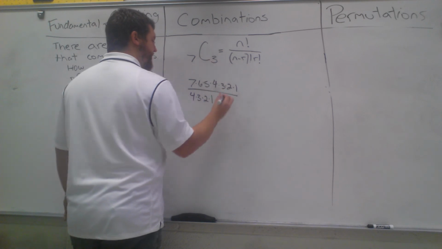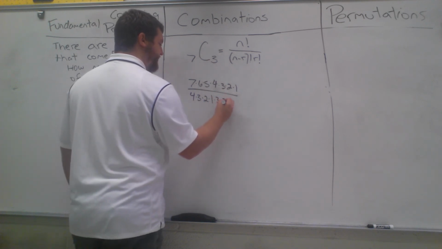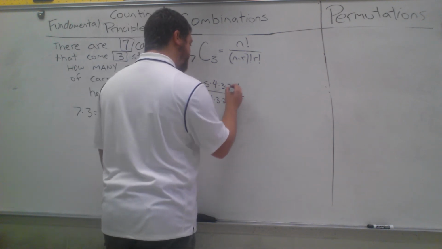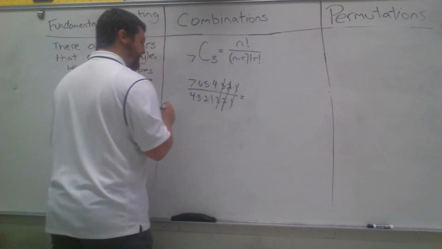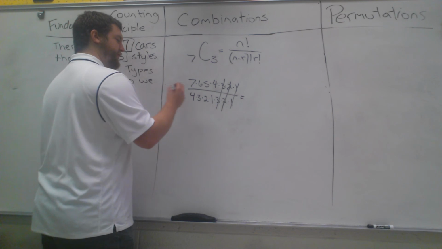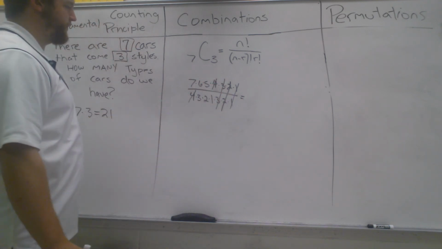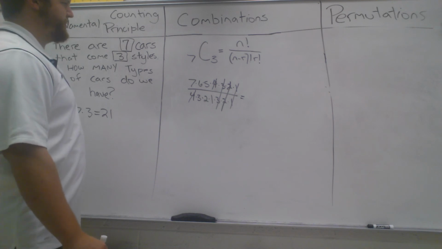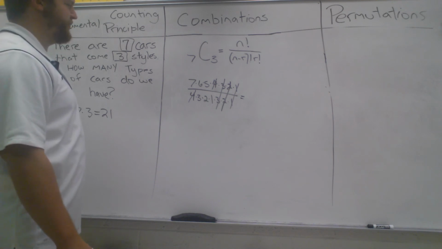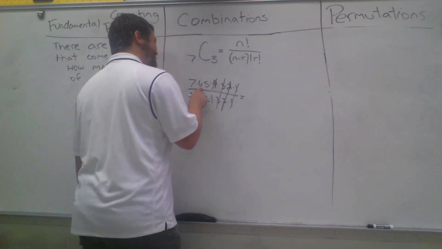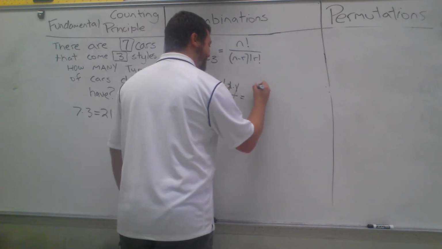Times R, which is 3 factorial. I doubt this will come out evenly. 1s, 2s, 3s. Okay? What else cancels out? Ooh, don't forget 4. Okay? 6 times 5 is 30 times 7 is 210.